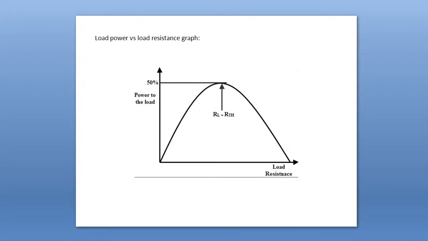Mod ZL, the magnitude of load impedance, must be equal to the magnitude of Thevenin impedance or internal impedance of the circuit. If you write ZL equal to RL plus jXL and ZTH equal to RTH plus jXTH, then they will be complex conjugates of each other. Yes, Nivedita, your answer is correct.